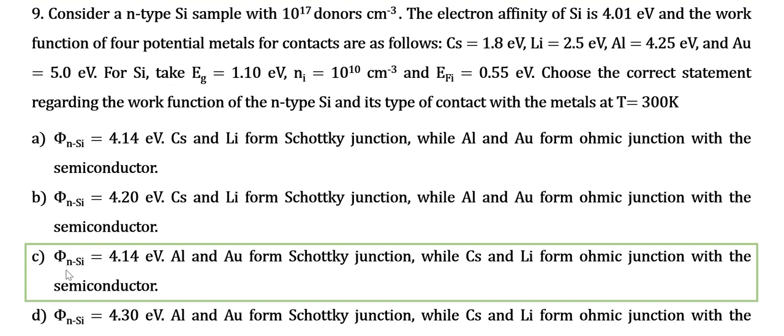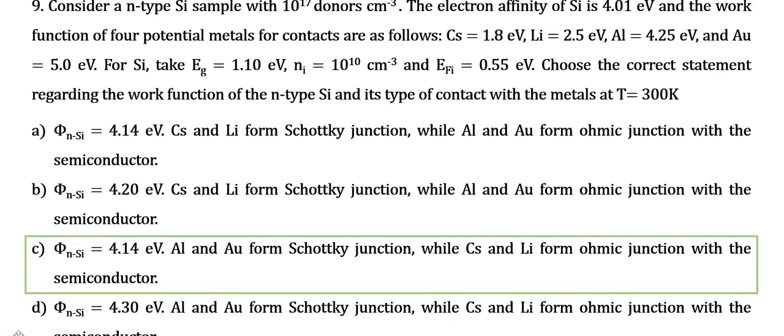Once you get 4.14 electron volt, if you compare Al and Au, one is 4.25 and one is 5 electron volt. If the work function of the semiconductor is less than that of the metal, they'll form a Schottky junction. While in case of cesium and lithium, it is 1.8 and 2.5, which is less than the semiconductor. So if metal work function value is less than semiconductor, it will form an ohmic junction. So the answer would be option C.